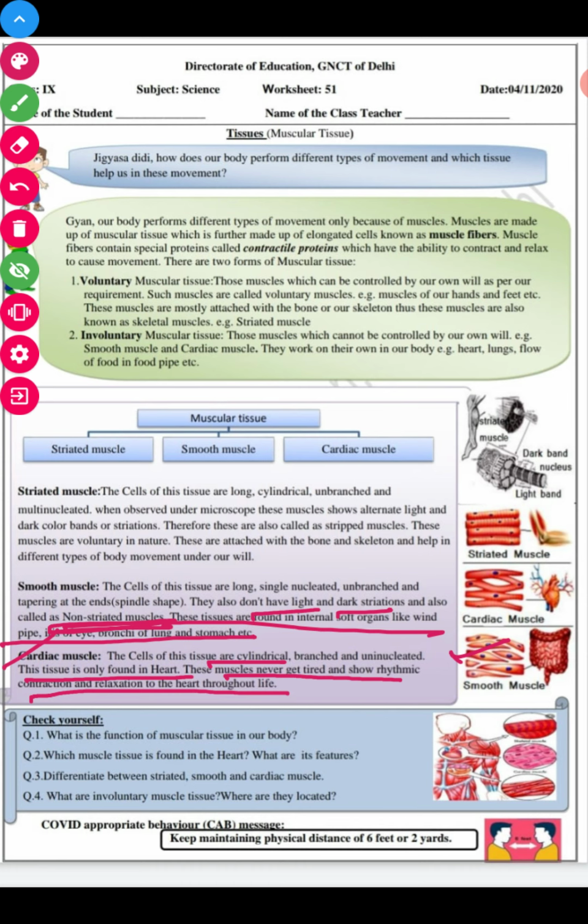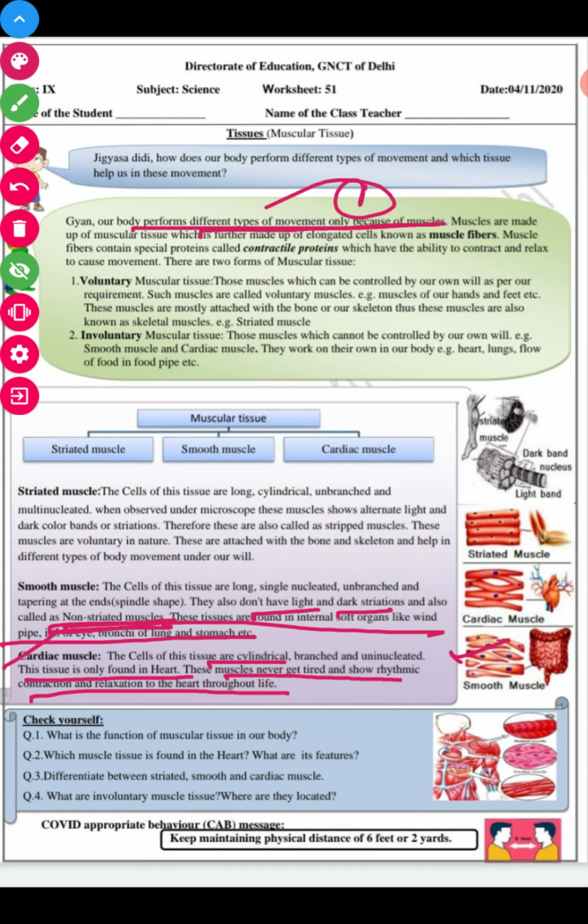Let's do a practice exercise. What is the function of muscular tissue in our body? It provides movement to the muscles. So the movement of our body is possible only due to the presence of muscular tissue. The answer to this first question is that the body performs different types of movements because of this.